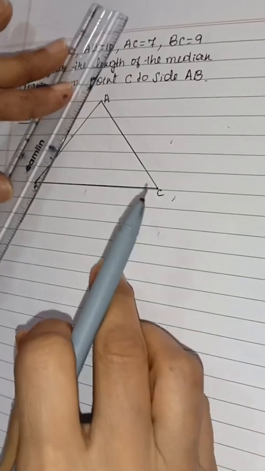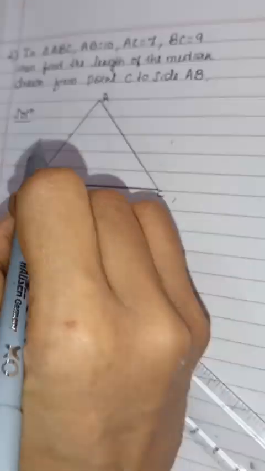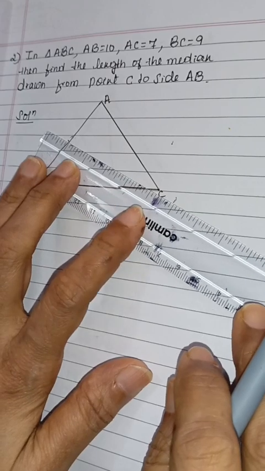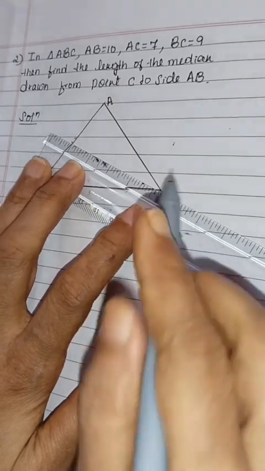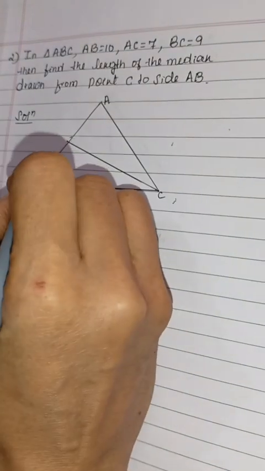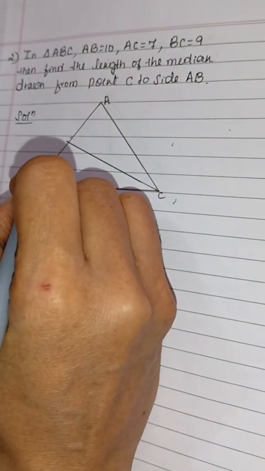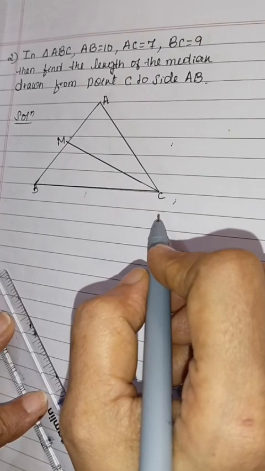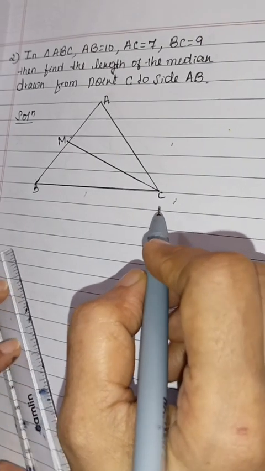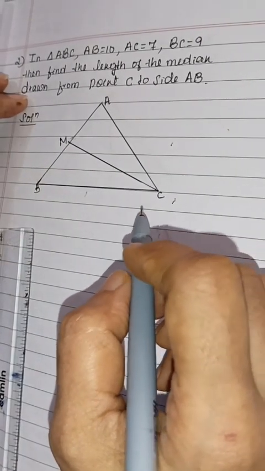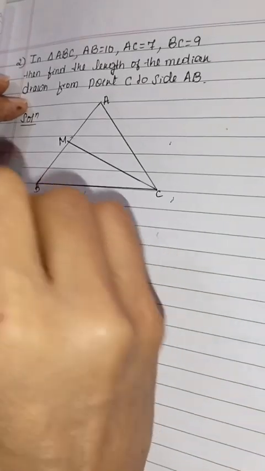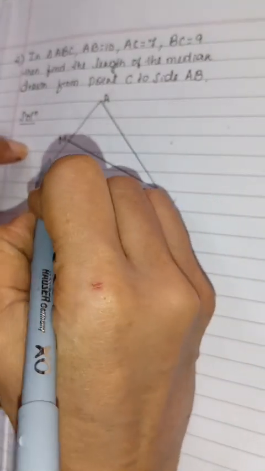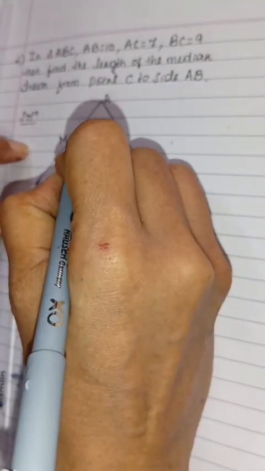So here is the midpoint, and let it be M. This median divides side AB in 2 equal parts.